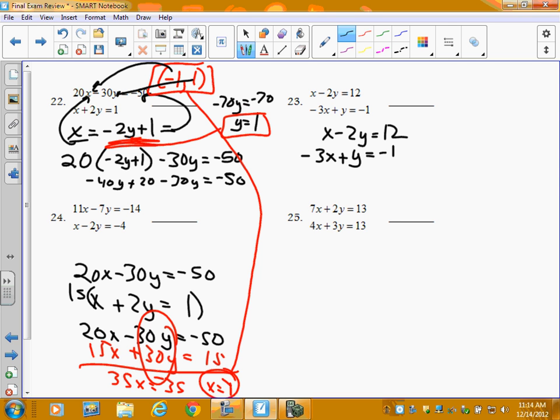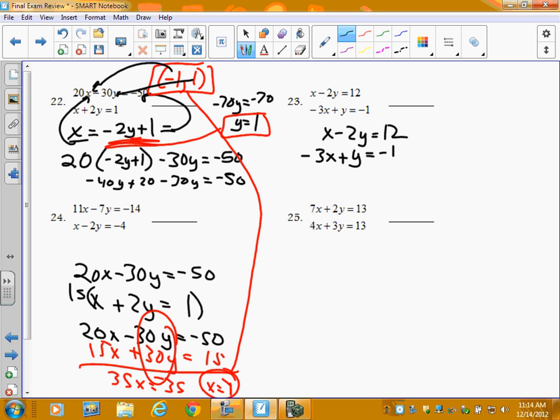I could multiply the bottom equation by positive 2. How about this? I could do something real crazy here, and multiply the bottom equation by a third. That would work. Be weird because of the negative 3, but anyway.